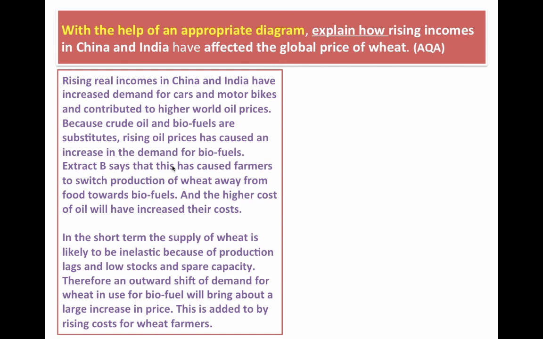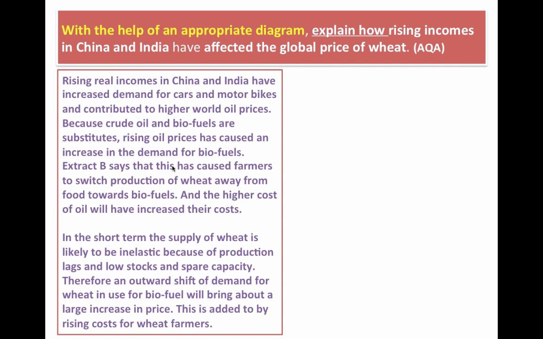Extract B says this has caused farmers to switch production of wheat away from food towards biofuels. And the higher cost of oil will have increased their costs. So there's quite a bit of microeconomics there, trying to explain the effect of growing incomes, rising oil prices, and the effect on wheat producers.